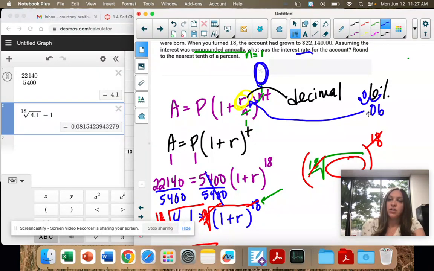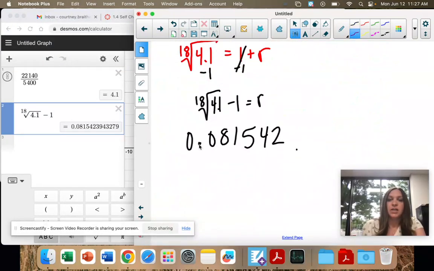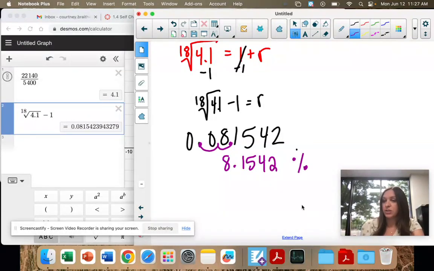So that means you're going to have to move the decimal over twice to get back to percent. So from here, I'm going to take my decimal and I'm going to move it over twice. So now I have 8.15542%. Now we're back to percent because I moved the decimal.